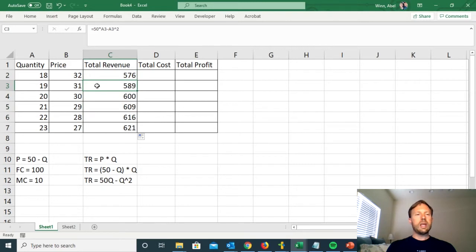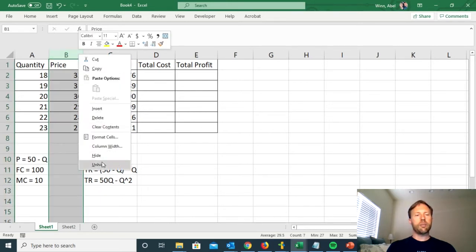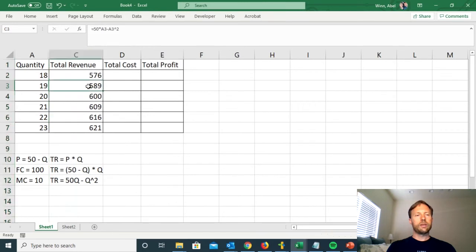Okay, so either way is fine. Plugging quantity into the demand curve to find price, and then multiplying the two, or substituting the right-hand side of the demand curve into the total revenue function, so that total revenue is just an expression of quantity. That'll work fine too. Either way you get the same numbers there.